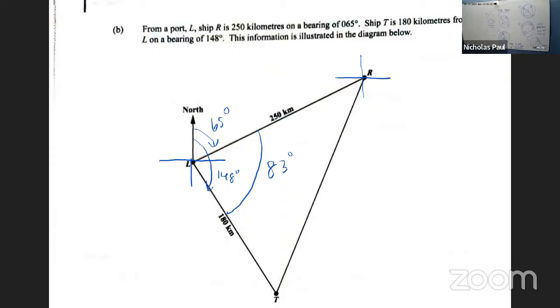The bearing from L to T is 148 and the bearing from L to R is 65. So the space in the middle is the angle I'm trying to get between the two lengths. 148 minus 65.